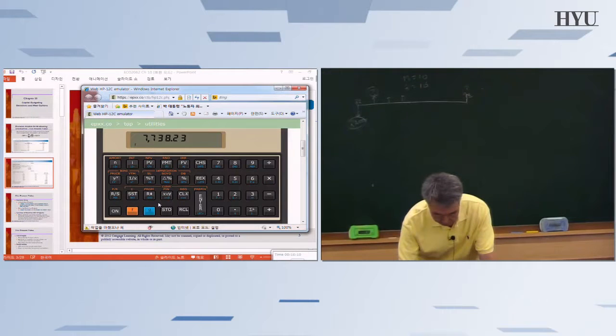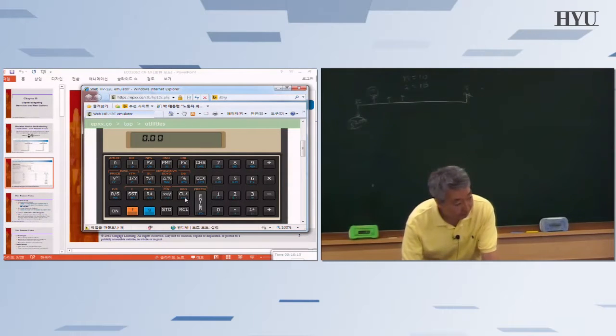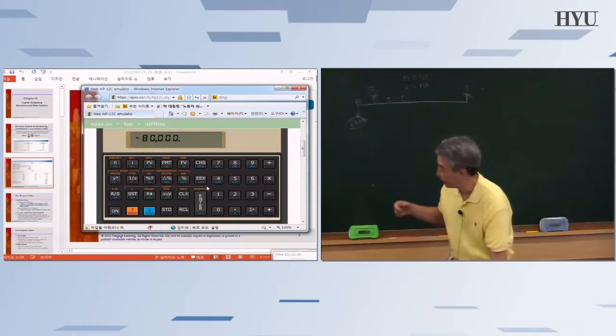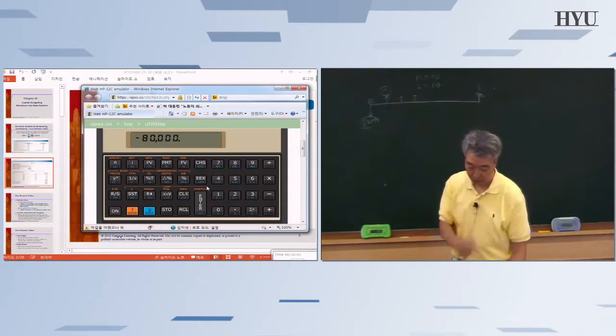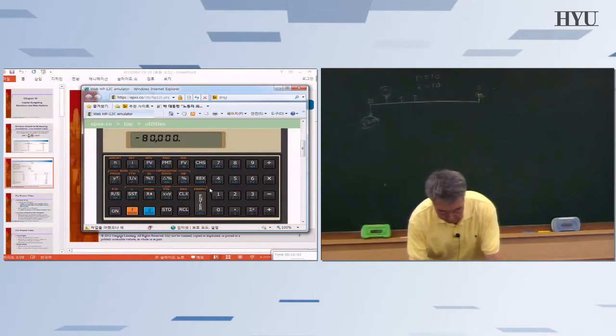Just clear once again. Want to try, Juan? Just tell me what to do. First you type 80,000, and then present value. You have to change the sign, make it negative because it's an initial investment. That's a cash outflow. So make it present value.